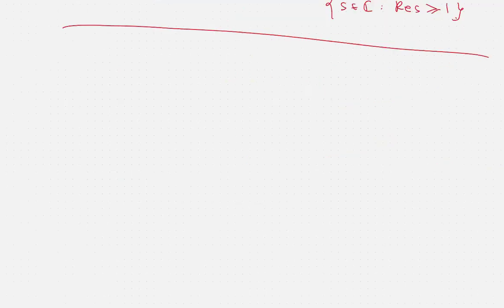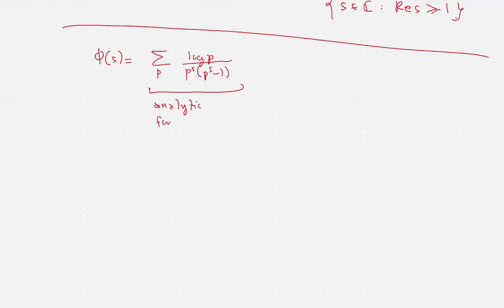It turns out that phi of s is actually equal to a function which is comfortably analytic on such an open region, for real part of s greater than 1/2, minus the logarithmic derivative of the zeta function.